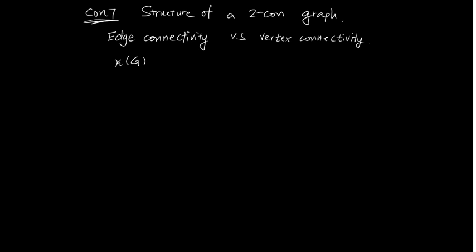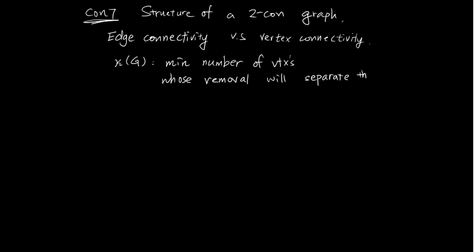Kappa of G is the minimum number of vertices whose removal will separate the graph. 就是拿掉几个点，可以把它打坏了哈，就。So it will be much easier to just look at the example.